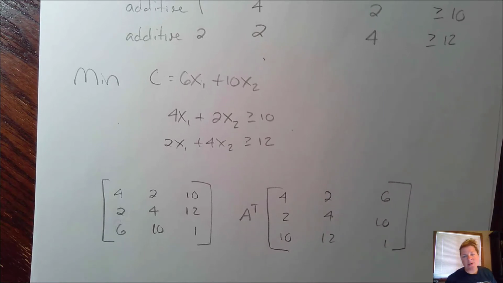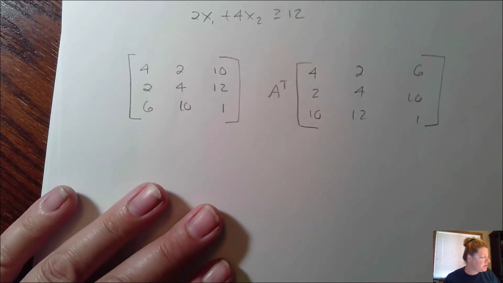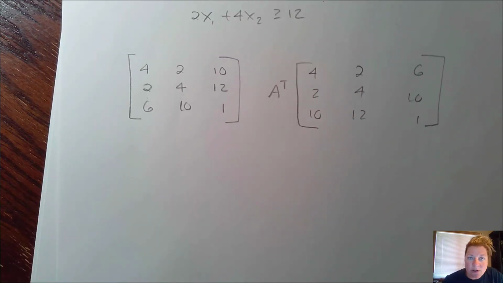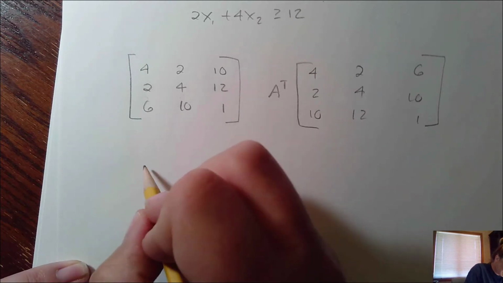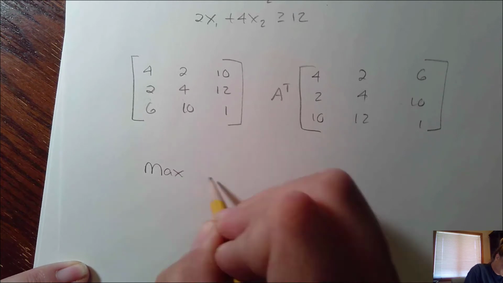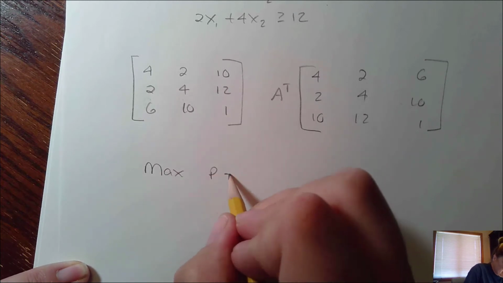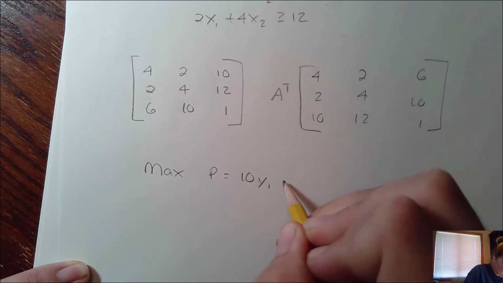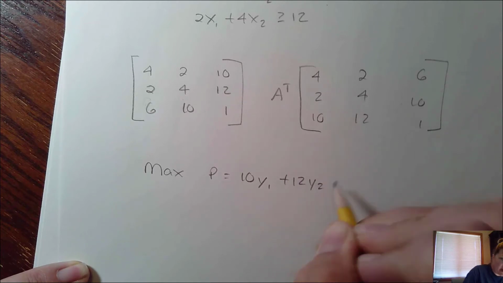Okay, now what was our next step after we transpose? It was to write our dual problem. So we're going to max now the profit of 10y1 plus 12y2. That comes from the bottom.